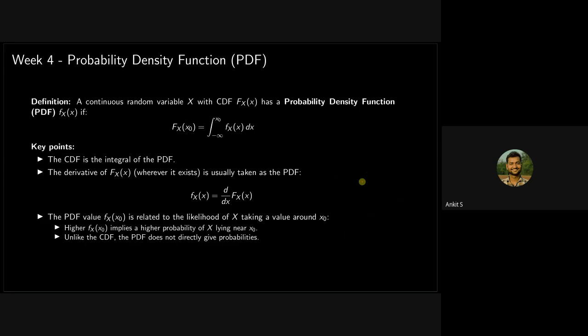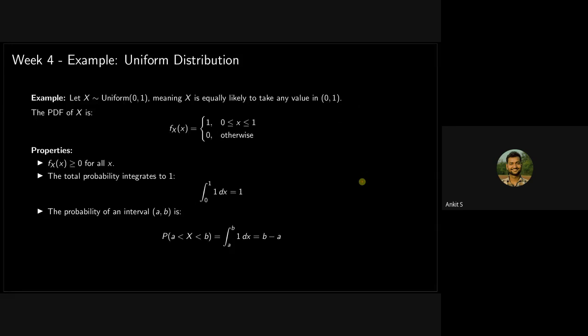Okay, so now we have an example of a continuous uniform distribution that is between 0 and 1. This is the simplest of all uniform continuous distributions. So let's try to draw. It's between 0 and 1.